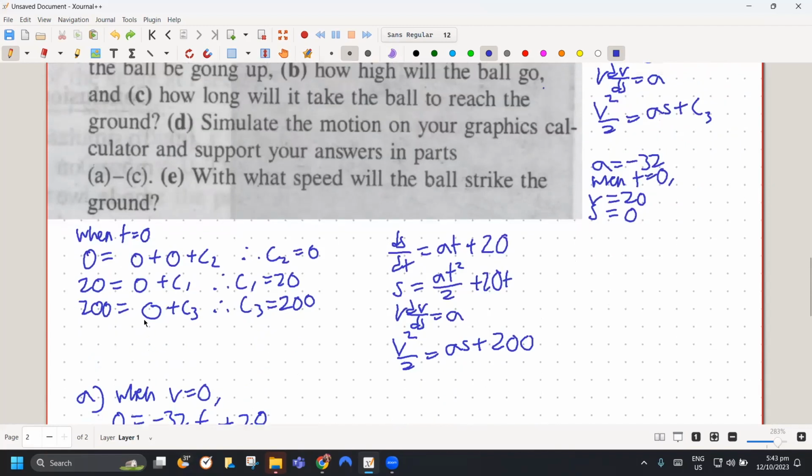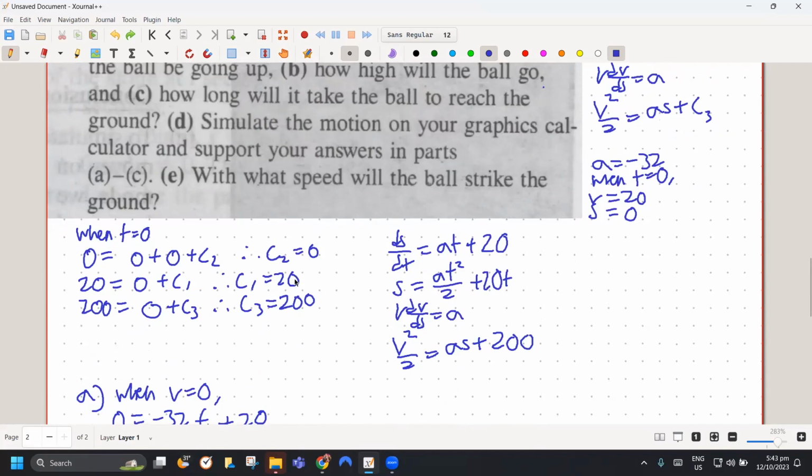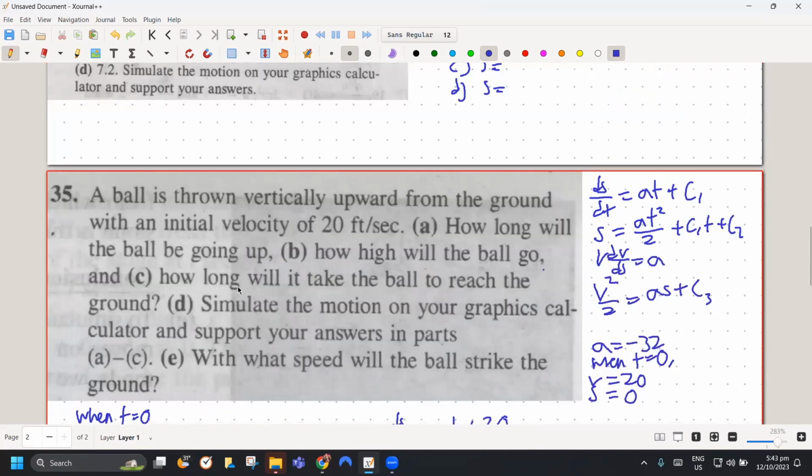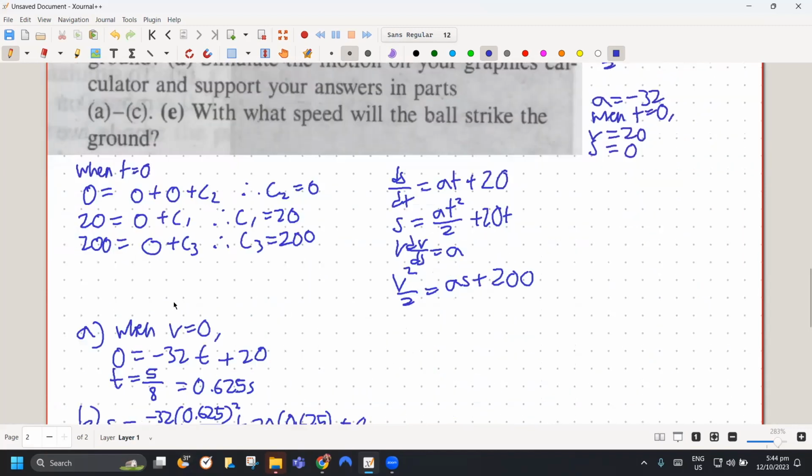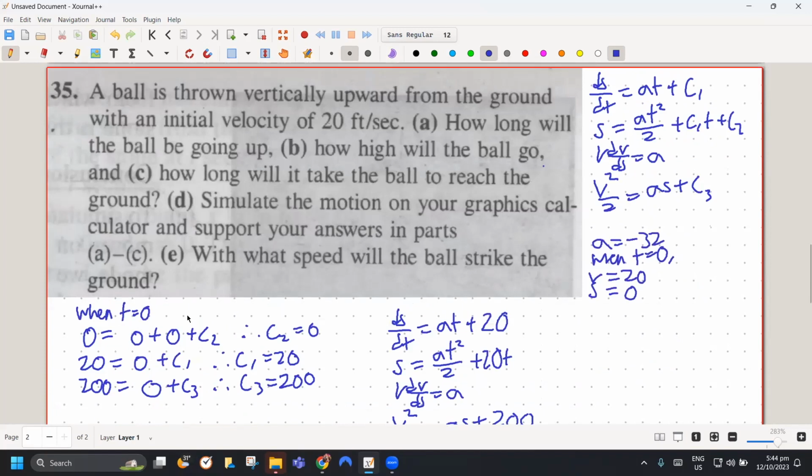Okay, what do we know about nasa ground? Remember, hindi given yung velocity pagdating sa ground, pagbalik. It's actually something that you're supposed to figure out from the equations.